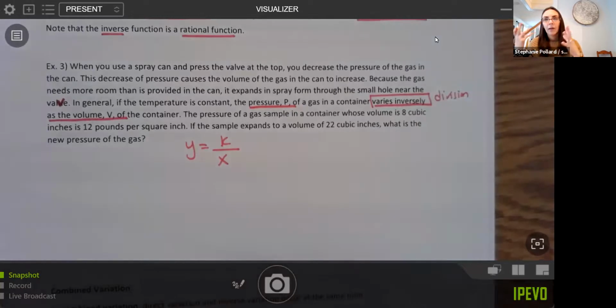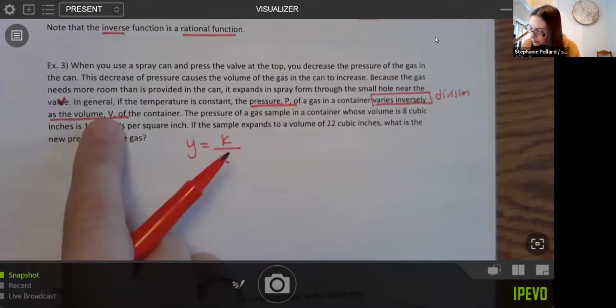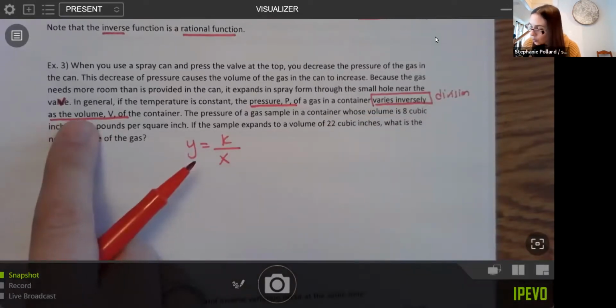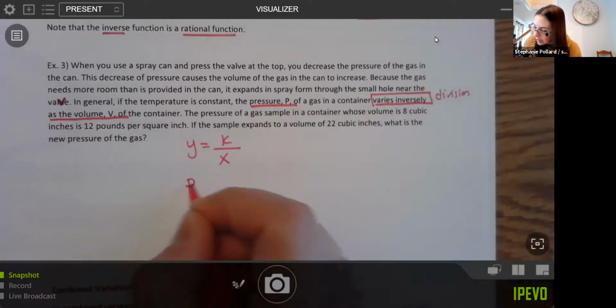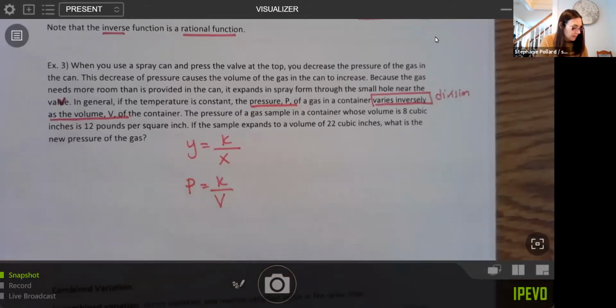Now, that variable could be squared or something different, but you have that basic setup. Here, I don't see any words that imply that we are squaring or cubing or using roots or anything, but I do have a change in variables. So really this should be P equals K over V instead.